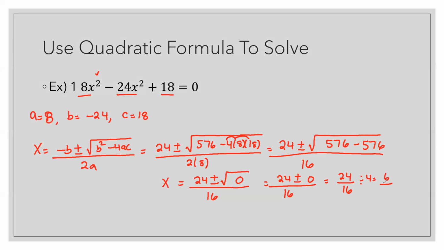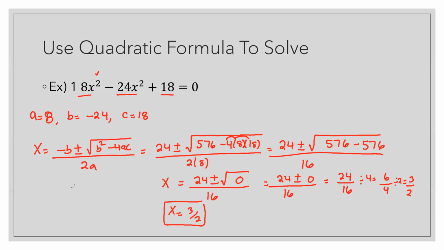So that's 6 over 4, and dividing that by 2, that's 3 halves. So your zero is 3 halves.